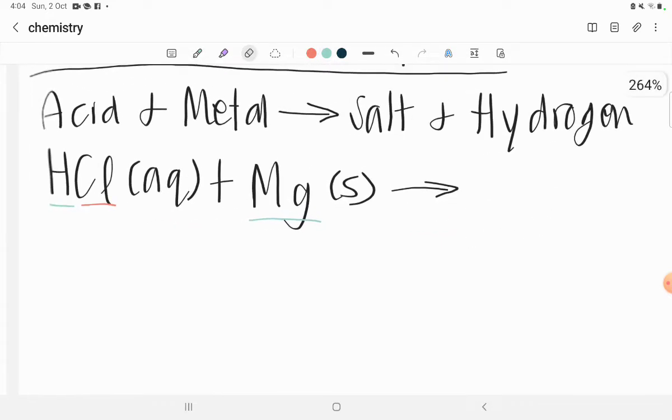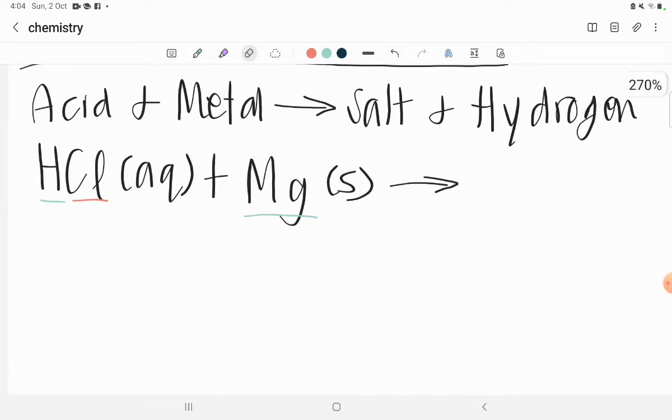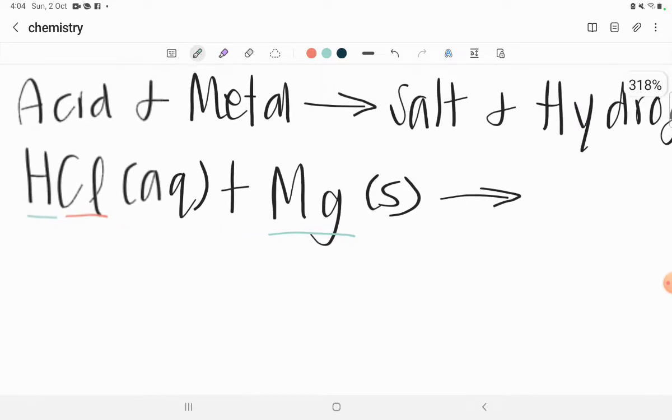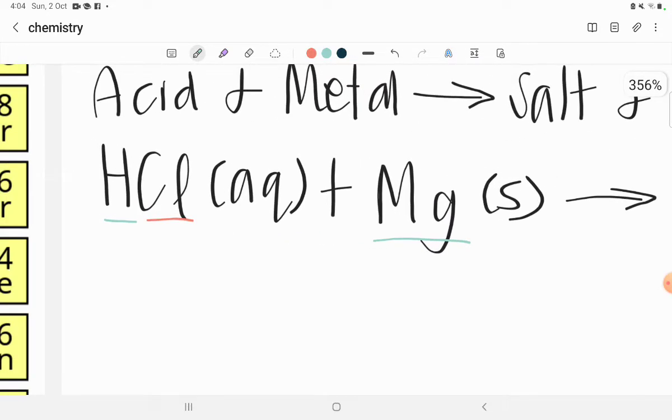Let's try a bit of logical inference. Hydrogen and chloride are together, right? And then they react with magnesium. Do you think the hydrogen and chloride would still be together after the reaction, or would they be separate by now?